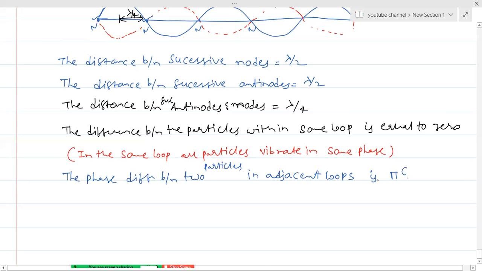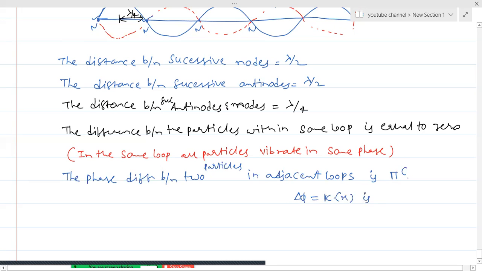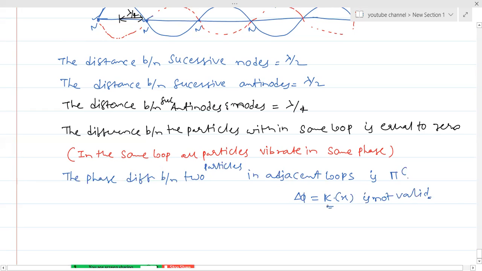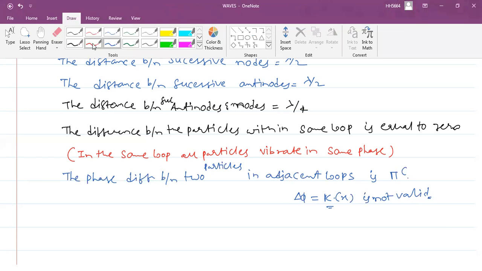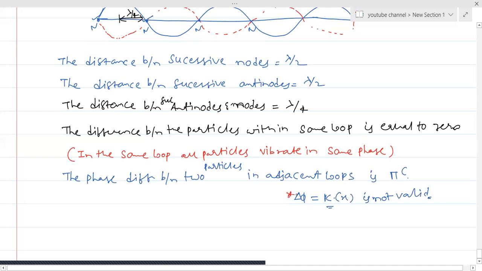And here you need to remember one thing: the phase difference equivalent to k into x is not valid. This is a very, very important statement. This is valid for progressive waves. We just need to understand this.